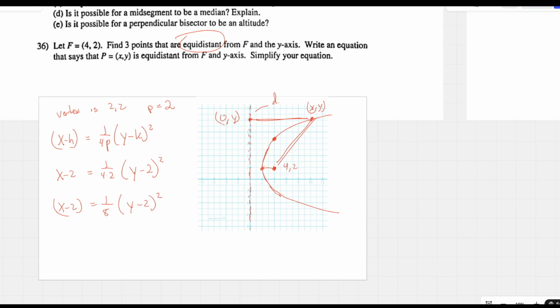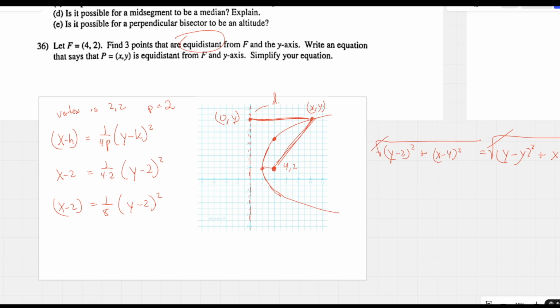Should I do the other method? Nah, I don't think you guys can have this, but I'll set it up a little bit. So it's y minus 2 squared plus x minus 4 squared is going to equal y minus y squared, x minus 0 squared. So let's see.